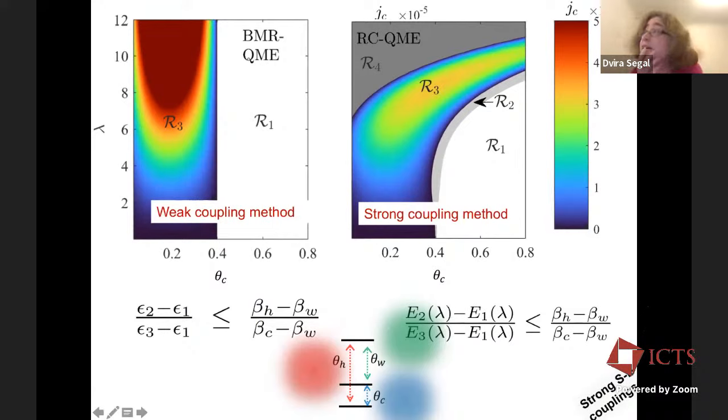It's not in the archive paper, it's still in preparation. So that's one message about strong coupling, not necessarily good or bad. It just changes your cooling window because of level renormalization.